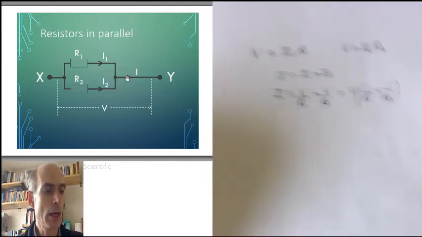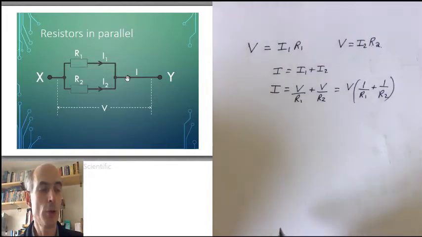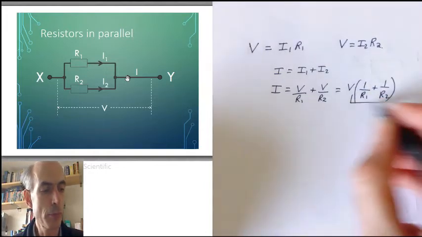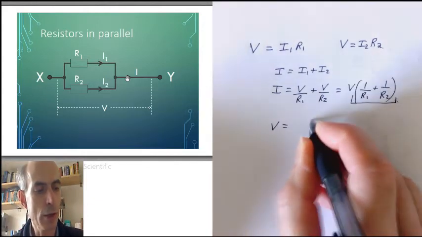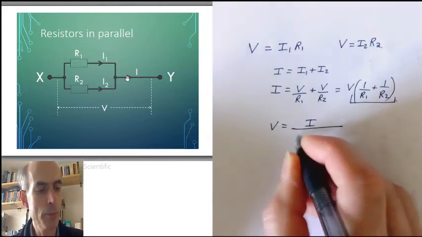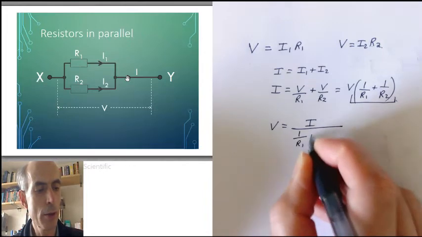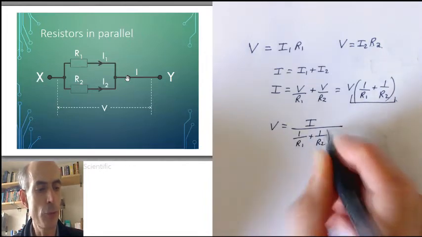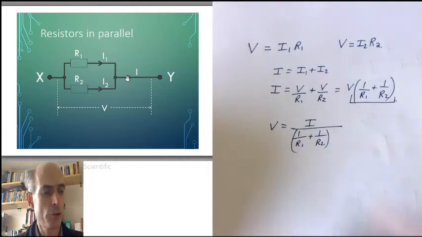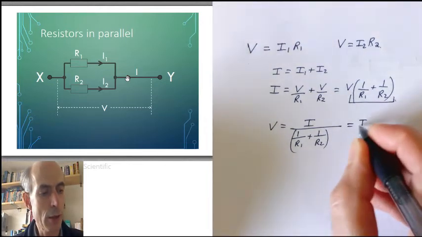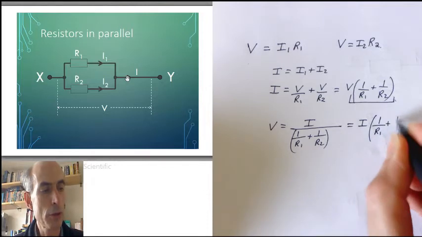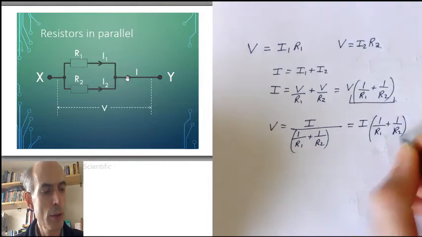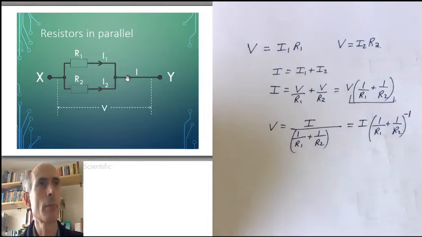Right, all we now need to do is to divide both sides of the equation by this, and we end up with this. V equals I divided by 1 over R1 plus 1 over R2, which I might write as I times (1 over R1 plus 1 over R2) inverted.